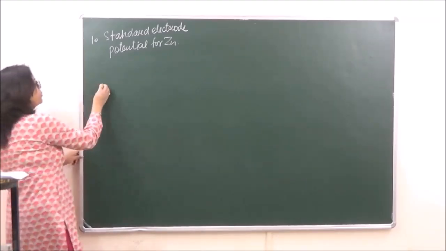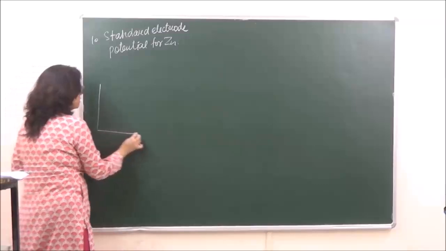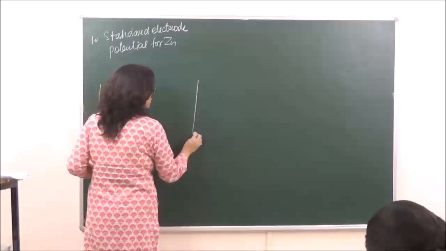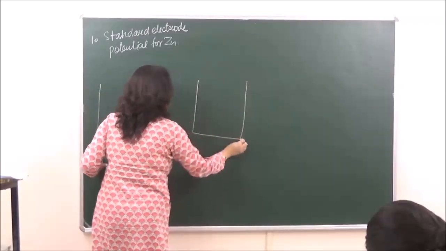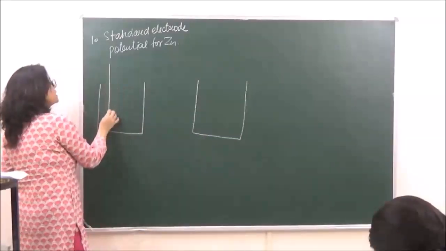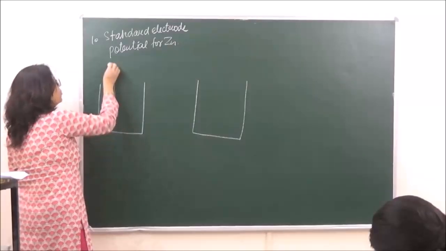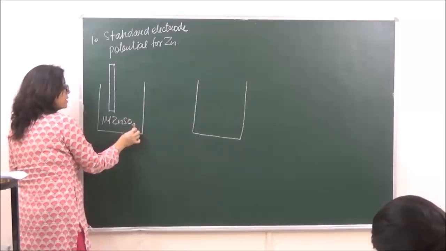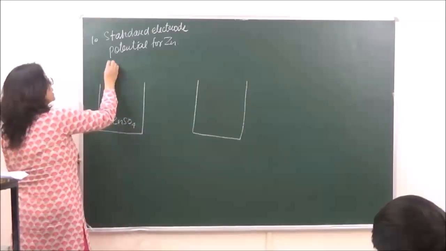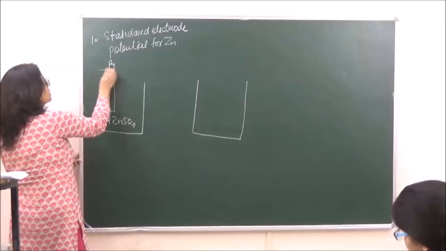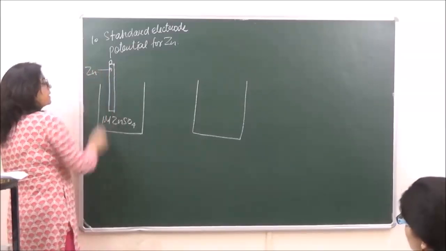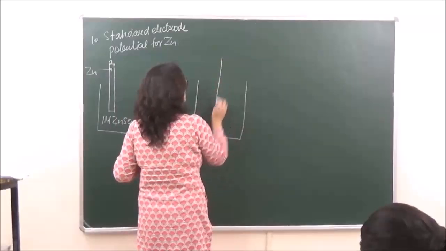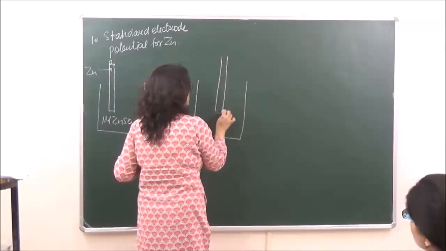So the setup is going to be something like this. We place 1 molar zinc sulfate solution over here, okay? And this is the zinc electrode, and over here we have the standard hydrogen electrode.